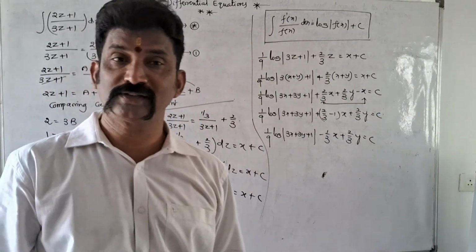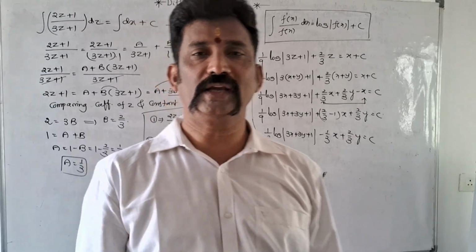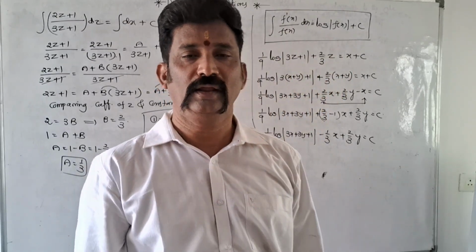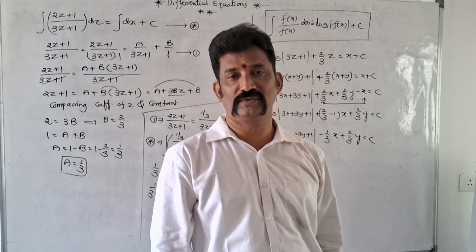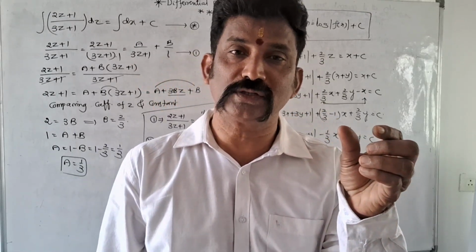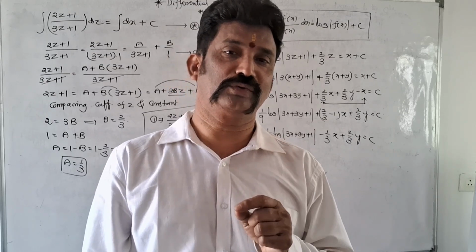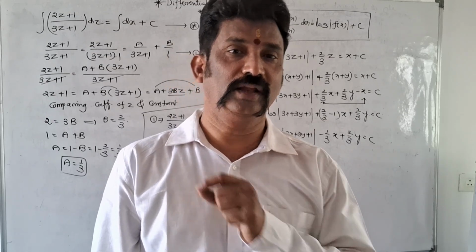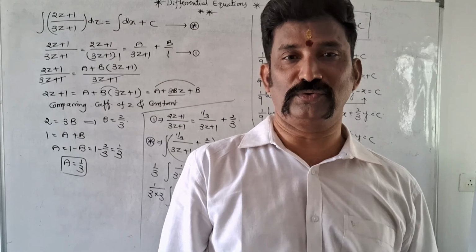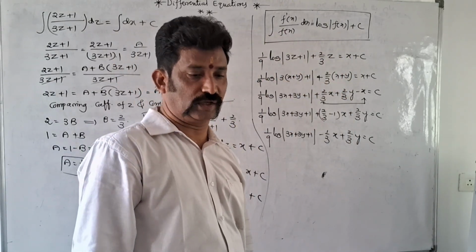But the process: if the given differential equation is of the form (a1x plus b1y plus c1) by (a2x plus b2y plus c2), then we want to check whether b1 is equal to minus a2, or a1 b2 minus a2 b1 is not equal to 0, or a1 b2 minus a2 b1 is equal to 0. So three models are there for the non-homogeneous equation.